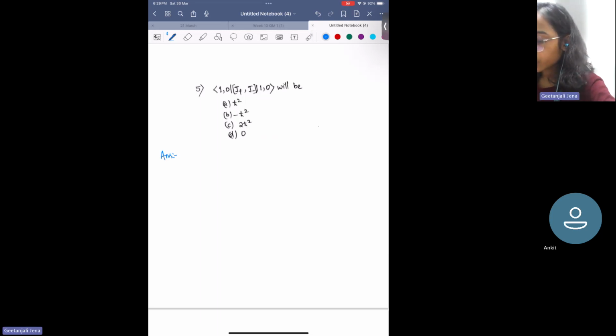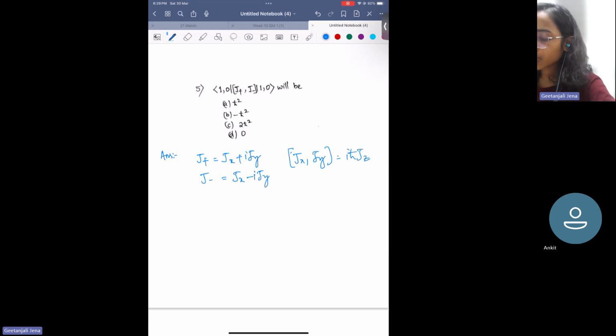At any point of time, if you don't know what the expression for a commutation relation is, then what you can do is find it out immediately. Like J plus is Jx plus iJy and J minus is Jx minus iJy, and the Jx, Jy commutation relation, you know, is iħ Jz.